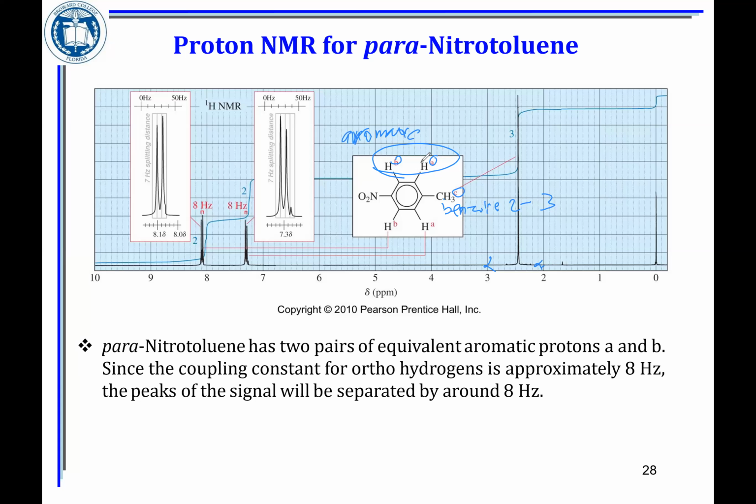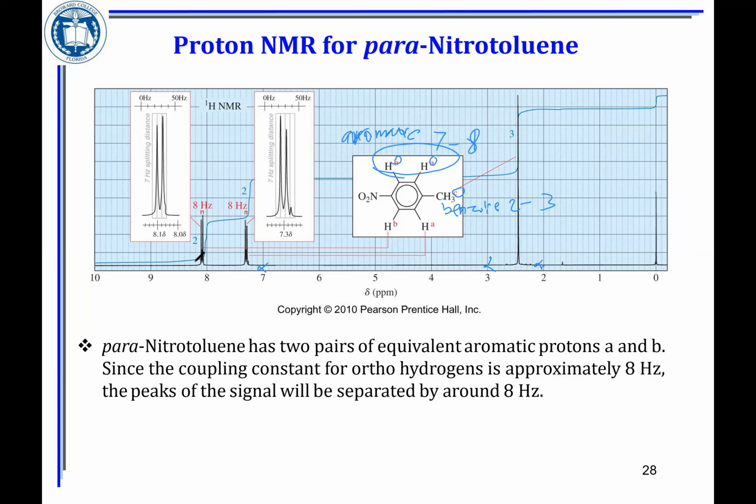In what position will you see aromatic hydrogens? Between 7 and 8. Okay, please make sure to remember these numbers. These are very obvious numbers. It's going to help you, but the only way it can help you is if you remember these positions, these numbers. So it's going to appear between 7 and 8.